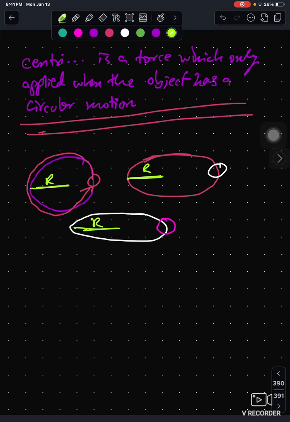Next we will talk about time and frequency. Time is the total time taken to do a lap over the number of cycles.